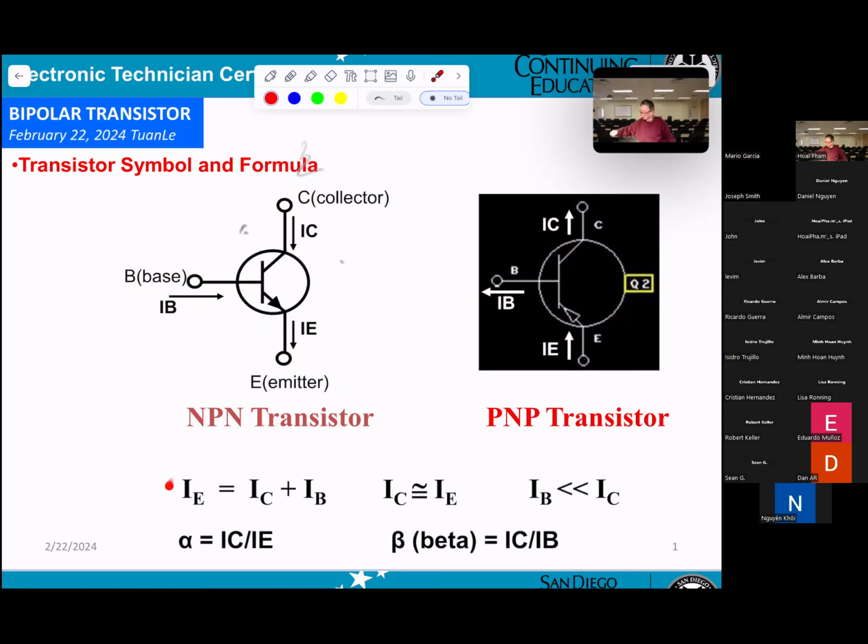Basically, IE equals IC plus IB. Also we want to know the beta, that means the gain, equals IC divided by IB.